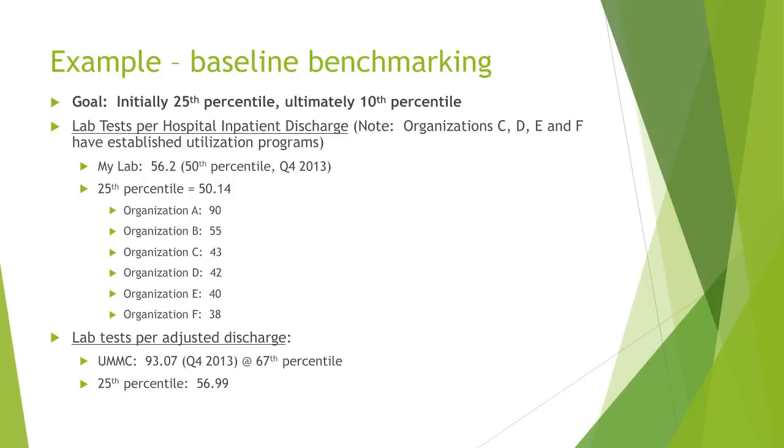And then if you look at pure numbers, our lab, so I'll pick one of the labs that was at Fairview, we were actually at the 67th percentile. Again, the higher that percentile in this product, the lower your performance is. So you want to be in a lower number versus the higher number. But we weren't that far from the 25th percentile. But when we adjusted that to the 10th percentile, we had much more of a change to make.